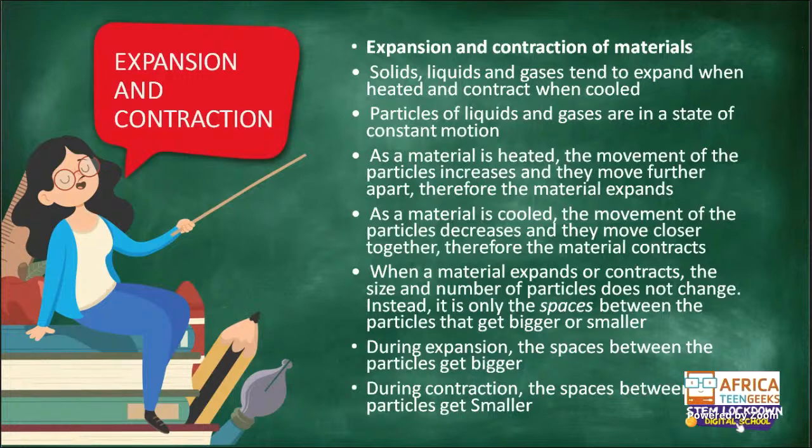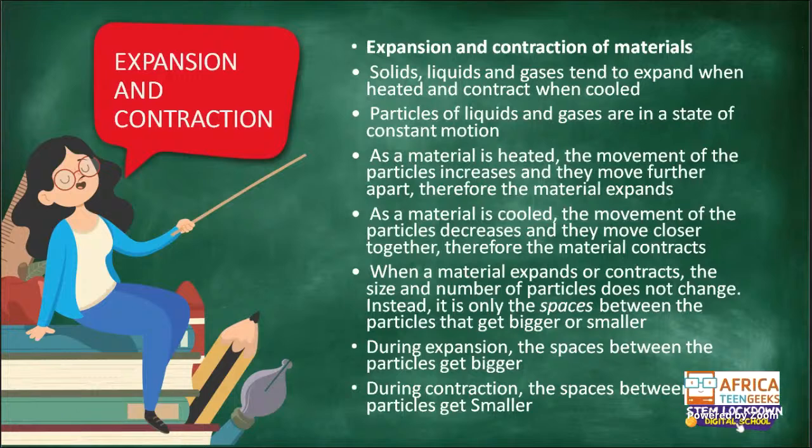As a material is cooled, the movement of the particles decreases and they move closer together. Therefore, the material contracts. So what we're saying is that as we heat, the particles gain more energy and the material or substance is expanding.